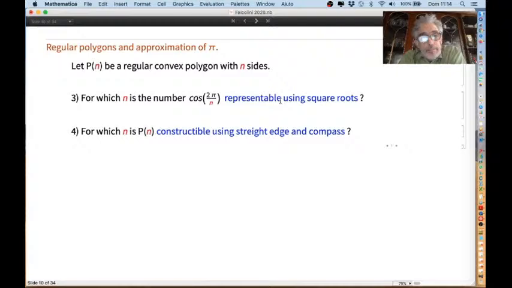And the final question is for which n is Pn constructible using straight edge and compass. We will see that these two questions are very much related.